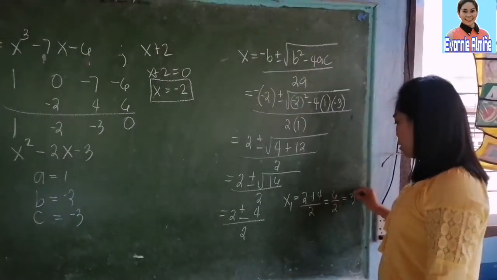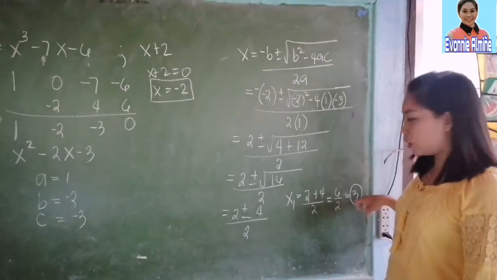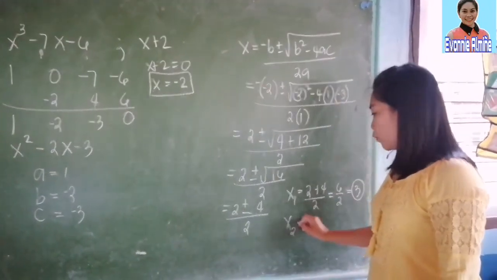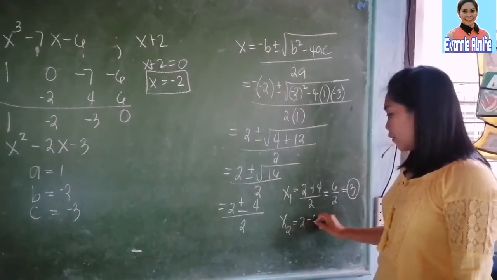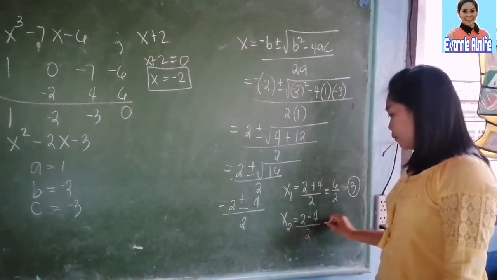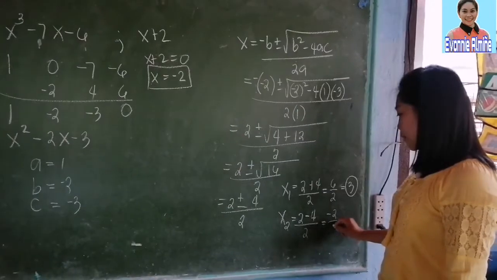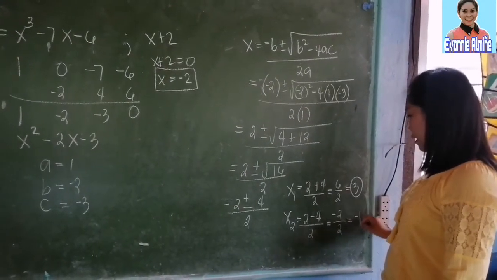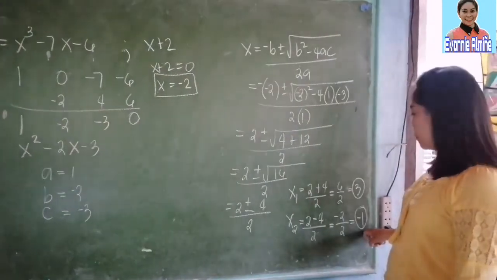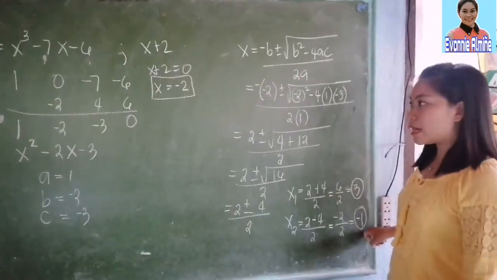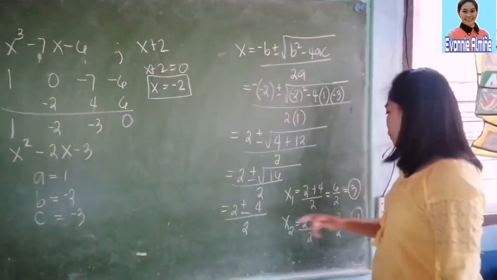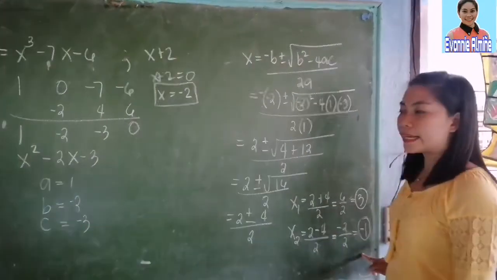That is equal to 3. That is one of the roots. Then, x of 2, you have 2 minus 4 over 2. So, 2 minus 4, you have negative 2. Diba? Divide by 2, that is equal to negative 1. Therefore, the roots are negative 2, positive 3, and negative 1.